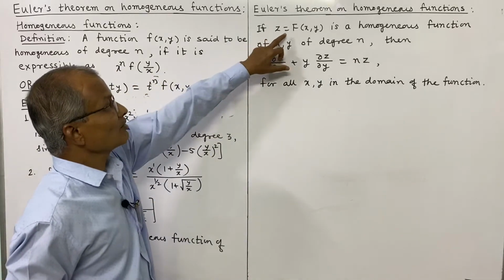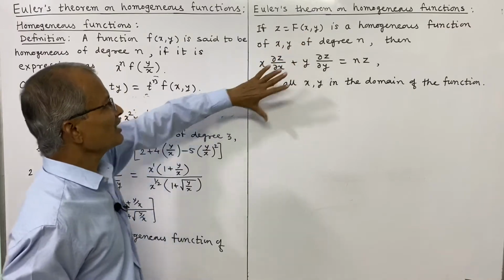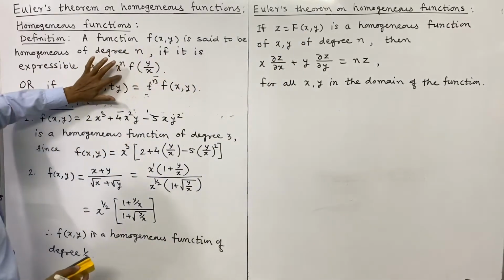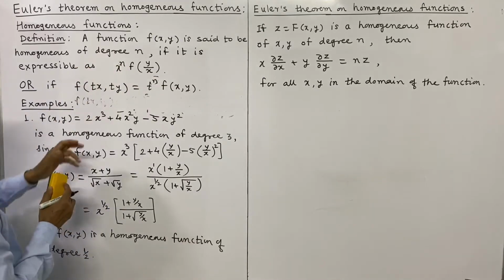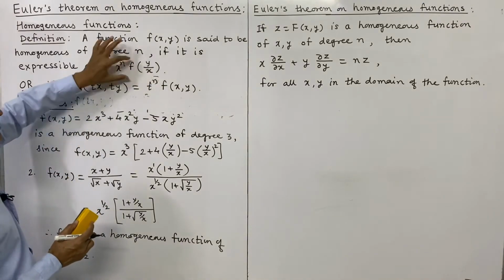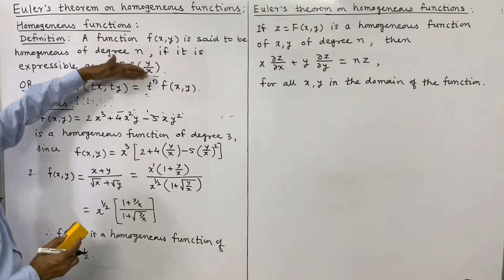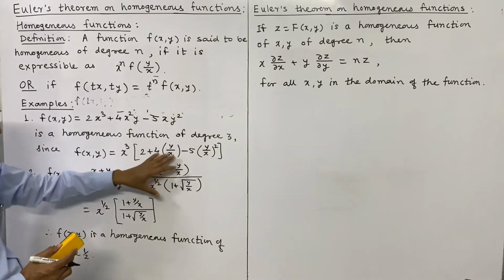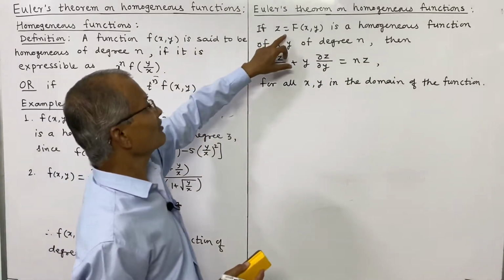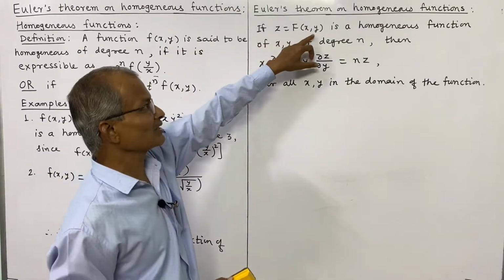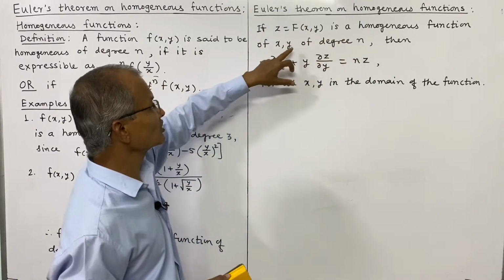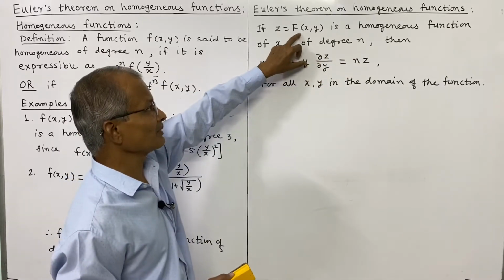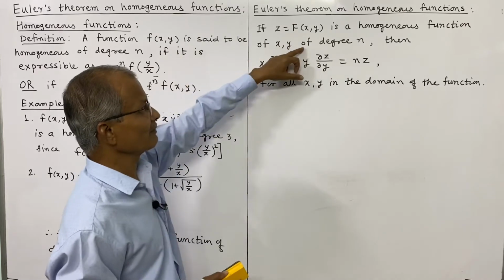If z is equal to capital F of x, y, and here also you should see a function capital F of x, y can be written in this form, or this is a function of y upon x, a different function of y upon x, and here we have written z is capital F of x, y, a homogeneous function of x, y of degree n. This is a homogeneous function, that means it satisfies this definition.